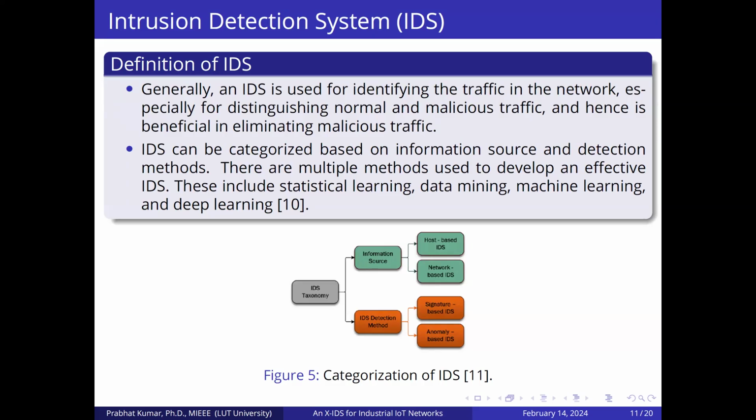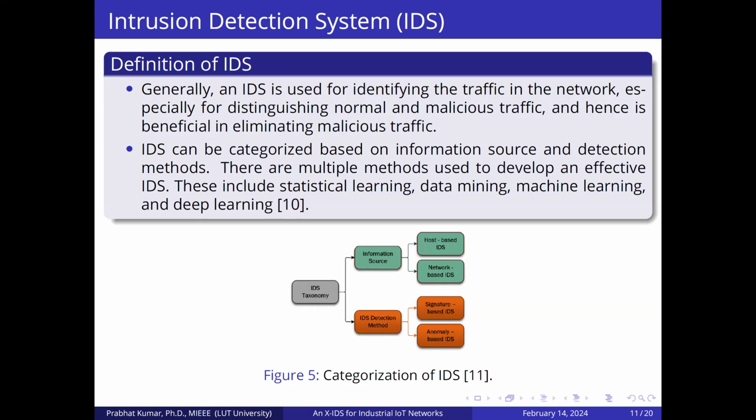And similarly, based on the detection method, what approach it uses to detect attacks, there are two different types of IDS. One is signature based. So in signature based, what we do is we know some patterns. For example, if a message is coming from a device which has the same source IP and destination IP, this is not normal. Source IP and destination IP should always be different.